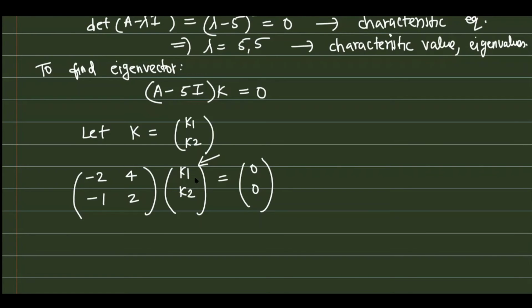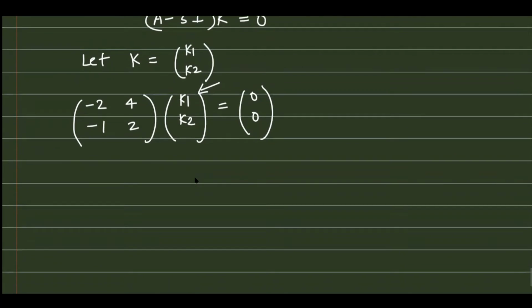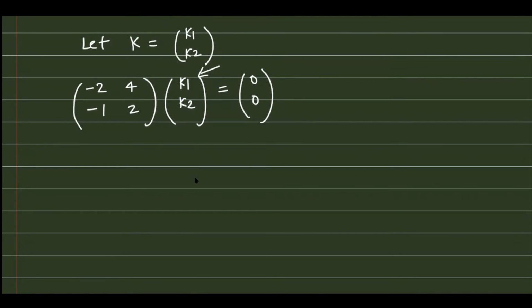If we write this matrix form as the corresponding system of equations, we see that the first row is a multiple of the second. The first equation is minus 2k1 plus 4k2 equal to 0, and the second equation is minus k1 plus 2k2 equal to 0. If you multiply the second equation by 2, you get the first equation.